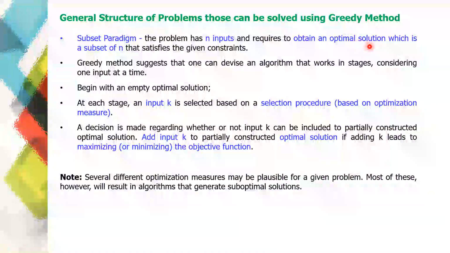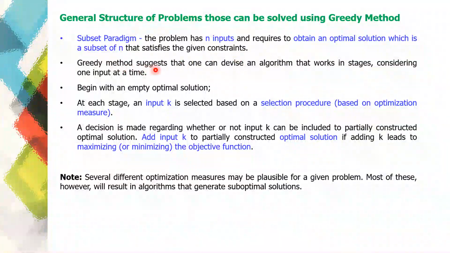The optimal solution will be in terms of a subset of n. So given n inputs, you have to find a subset of n inputs that will be your optimal solution. And you should not forget that when you find the subset of n, it should satisfy all the given constraints.